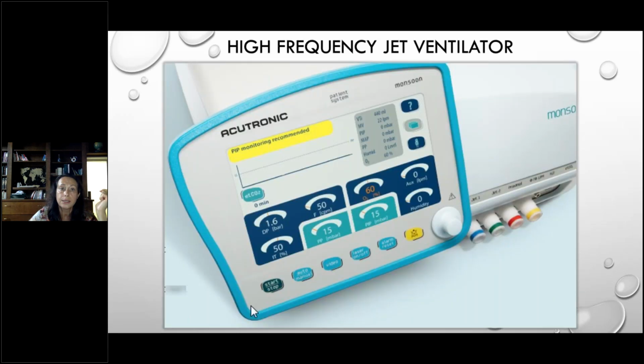So this is what it looks like, the machine that we use. The main things to set up are the driving pressure, the respiratory rate, the FiO2. It can deliver different I/E ratios by selecting the inspiratory time percentage. It can also deliver additional humidity if the case lasts for a longer period of time.